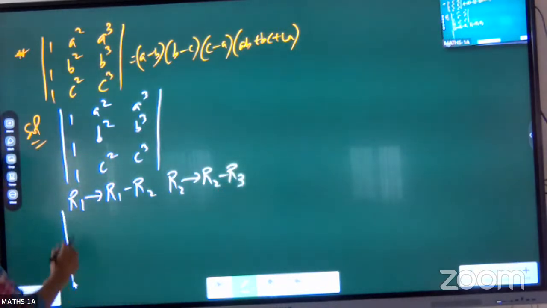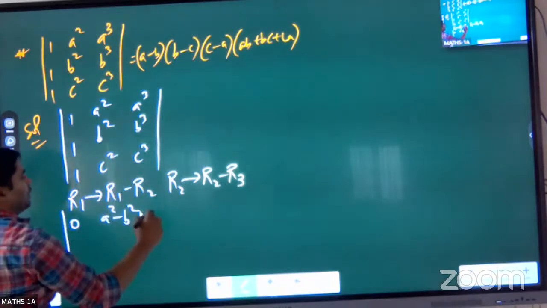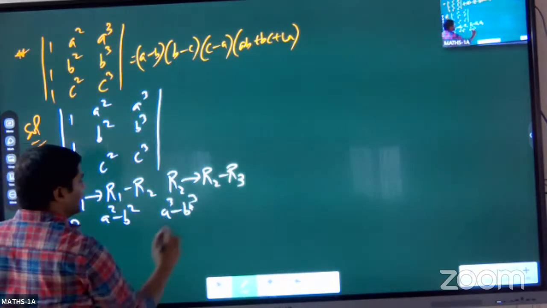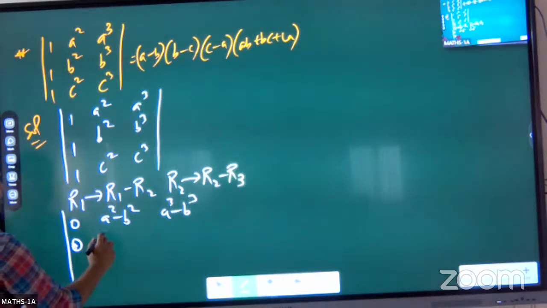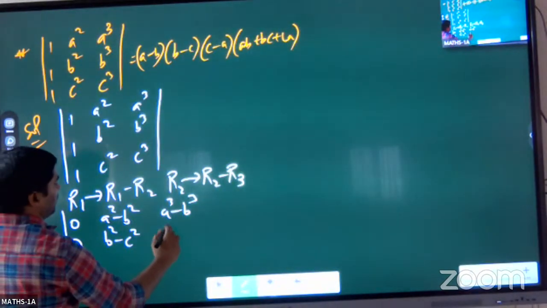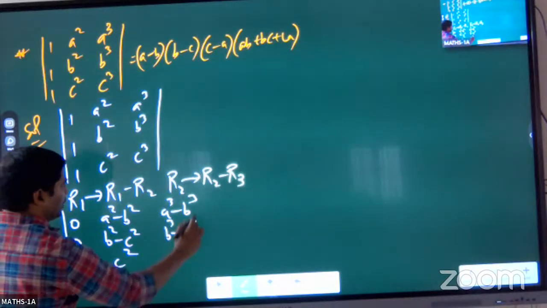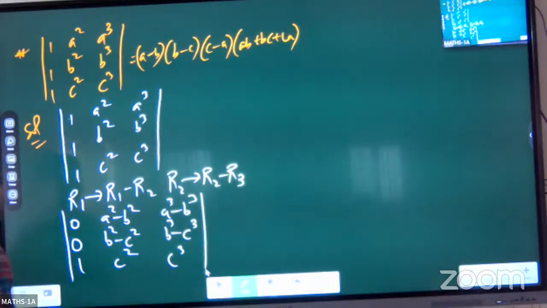So that is determinant of 1 minus 1 is 0, a square minus b square, a cube minus b cube. 0, b square minus c square. See the operations. b cube minus c cube. 1, c square, c cube as it is. Is it clear?